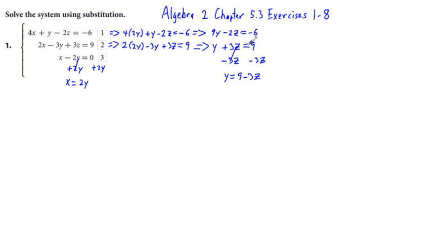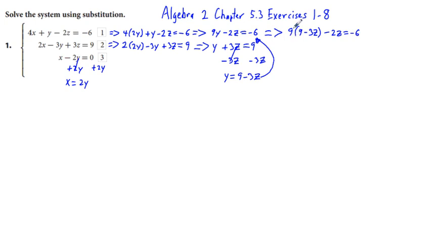So now we're going to take this top equation here, the first one we knocked x out of, and I'm going to work to the right and substitute in for y. So we have 9 times 9 minus 3z, so that's substituted for y, and we have minus 2z is equal to negative 6.